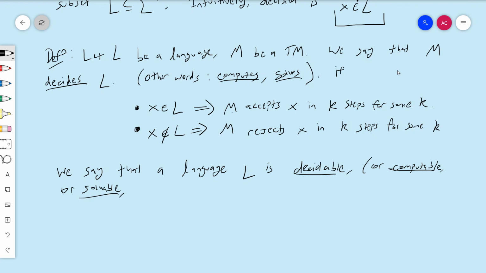And there's actually one other word that we use for it, or recursive. That's another word for it. All of these are words for the same thing, to say that L is computable. Computable, solvable, recursive, decidable, these are all going to mean the same thing. L is decidable if there exists a Turing machine that decides it.